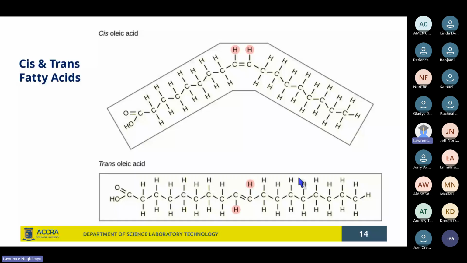Now, the unsaturated fatty acids that are present in those oils are naturally in their cis forms, which means that, we were talking about steric repulsion.